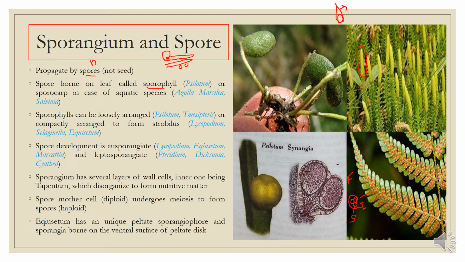So we see that the spores are born on both microphyll as well as megaphyll, that is, the large leaf as well as the small leaf.